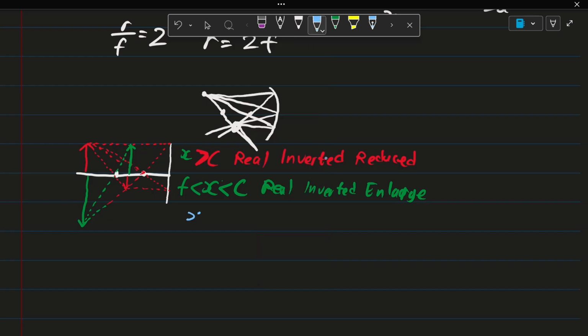If we have our object closer than the focus point, let's say in here, we could take the same ray from the radius of curvature, and if you extend it in here, we have a point here.